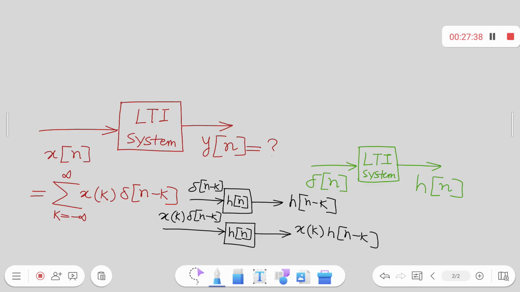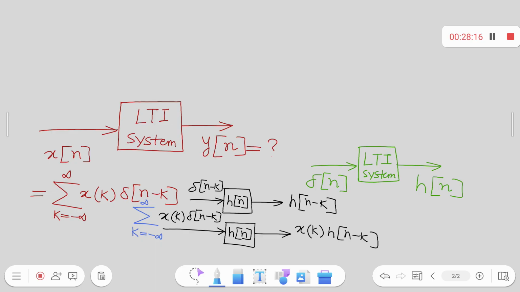Right? Now what is your actual input? Your actual input is neither delta n minus k nor x of k delta n minus k alone. Rather, your actual input is the summation, k going from minus to plus infinity. Only one property is left, the additivity property. What should be the output?